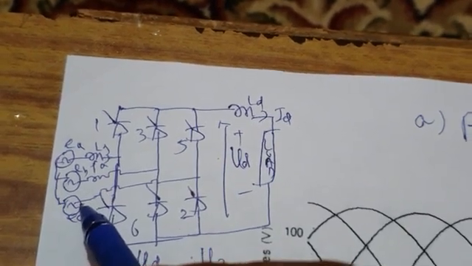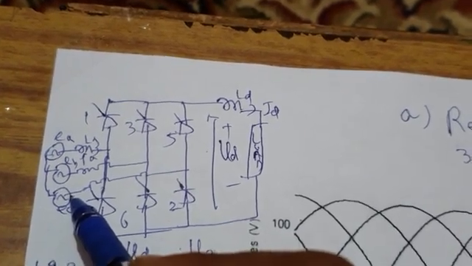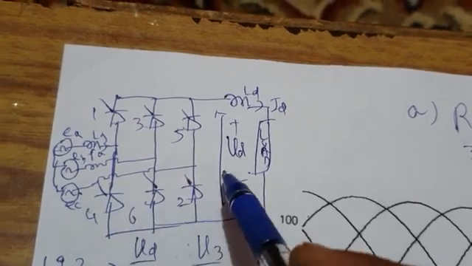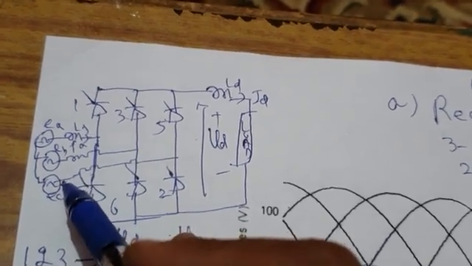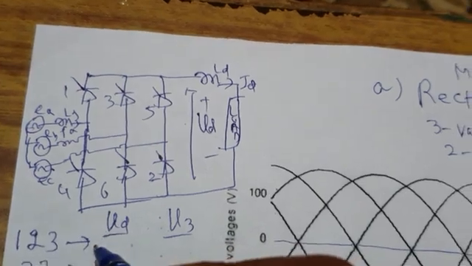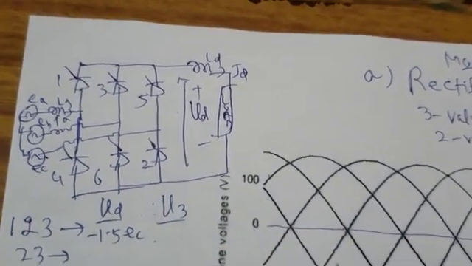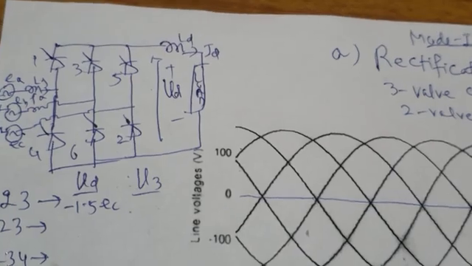Then I told you the trick is that for the phase which is not conducting, you take minus 1.5 times its phase voltage. Valve 5 is not conducting and it is connected to voltage EC. So here, therefore, load voltage will be minus 1.5 EC. I have already written it in that firing table, and I am reproducing it here.